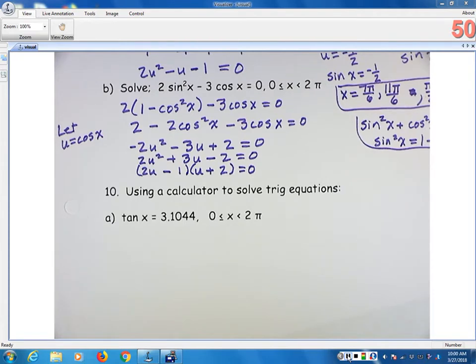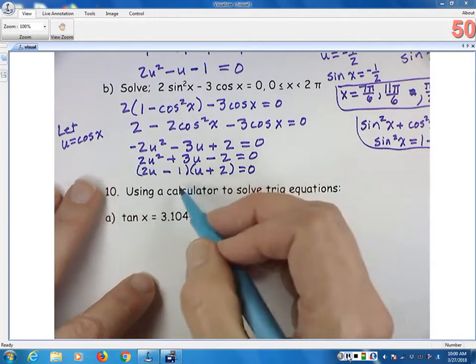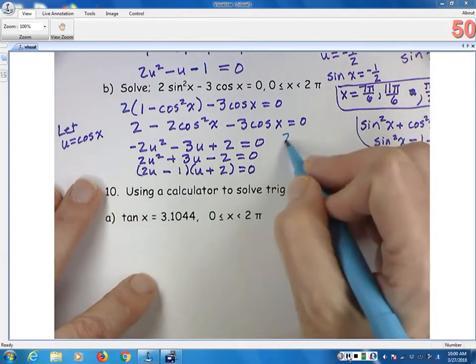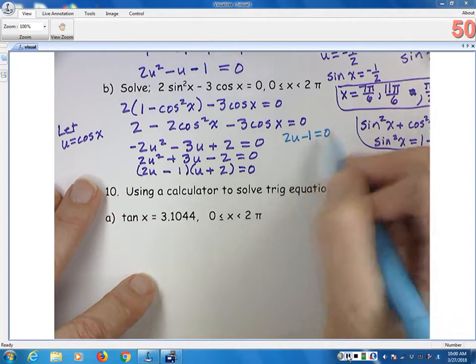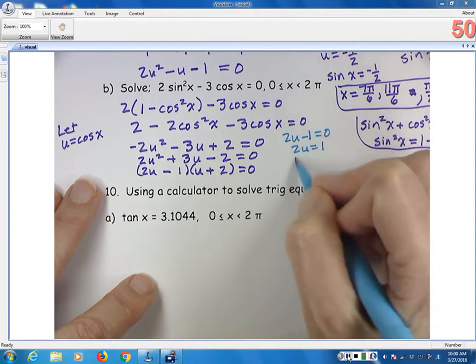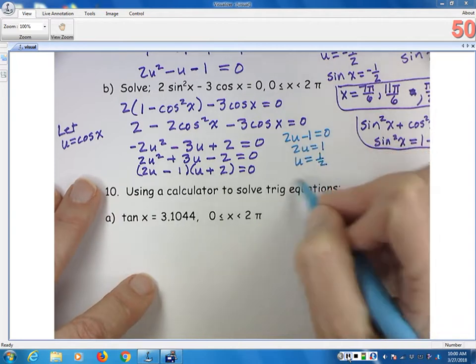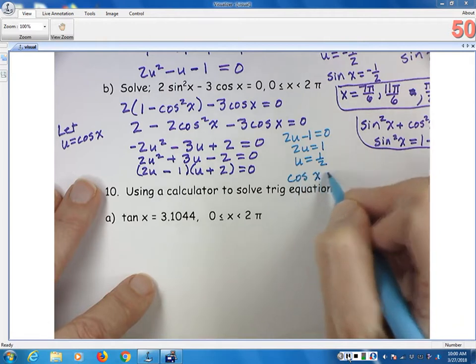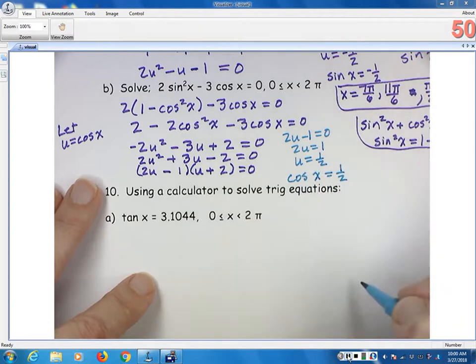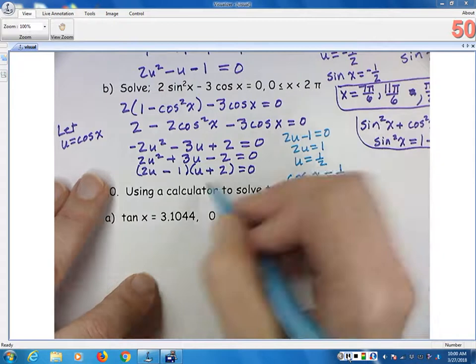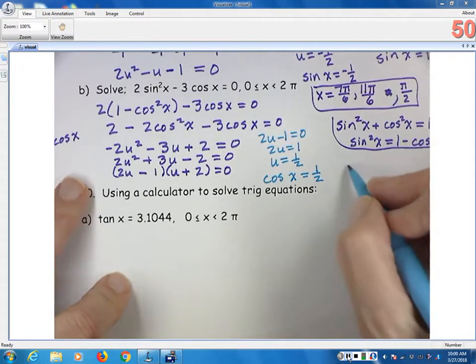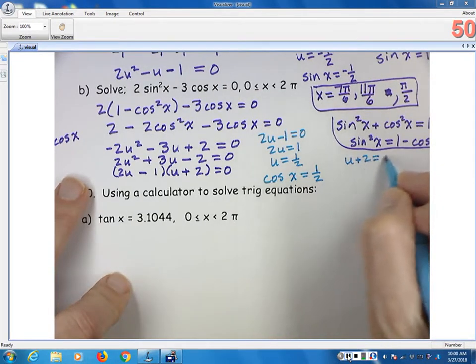Okay, and now we're going to set, there's really not enough space here, but fit it in. We set each of these to 0. 2u minus 1 equals 0, so 2u equals 1, u equals 1/2. But u is cosine. u plus 2 equals 0, u equals minus 2.